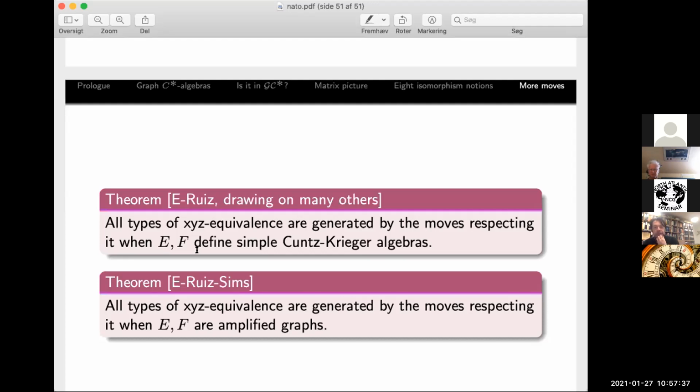You have many, and you can see that in the GL or SL notation, because, and this also comes from symbolic dynamics, suppose you have an adjacency matrix, then you can add rows to rows or columns to columns if you're careful not to destroy the block structure. Then you can do this without changing the C-star algebra. So there's really nothing like a canonical choice of a canonical form.